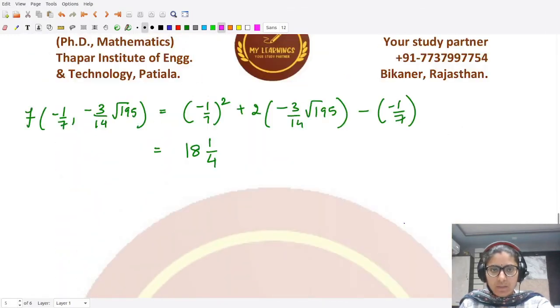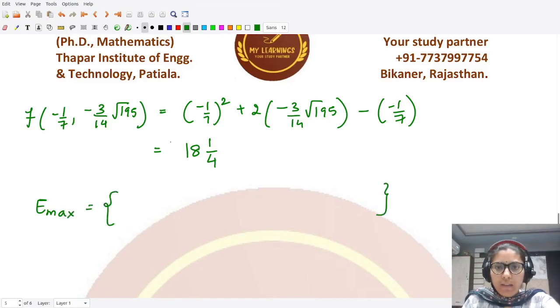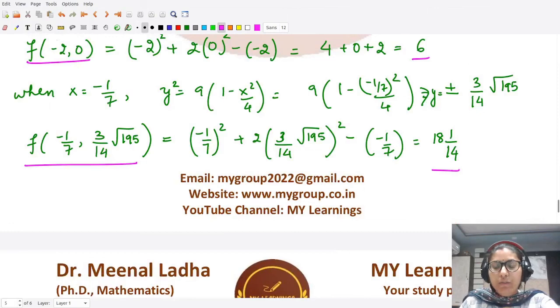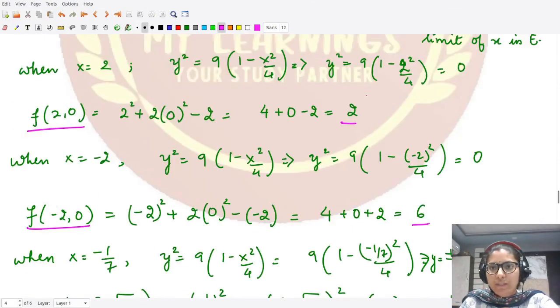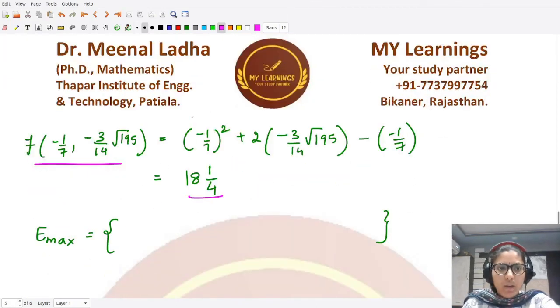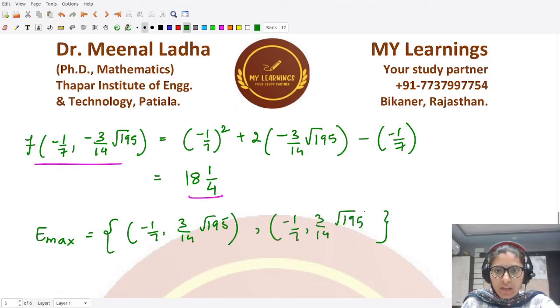So let me write down what would be your E max. It will contain all those points where we would have the maximum value. So obviously you see this 18 1 by 14 and 18 1 by 14, right? This is the maximum value out of 6, 2 and minus 1 by 4, right? So we have 2 points. One point is minus 1 by 7 and 3 by 14 square root 195, and another point is minus 1 by 7 and minus 3 by 14 square root 195, right?